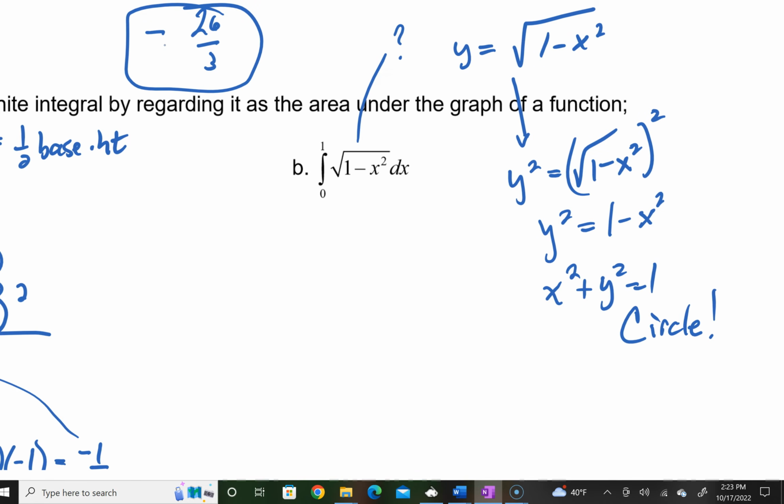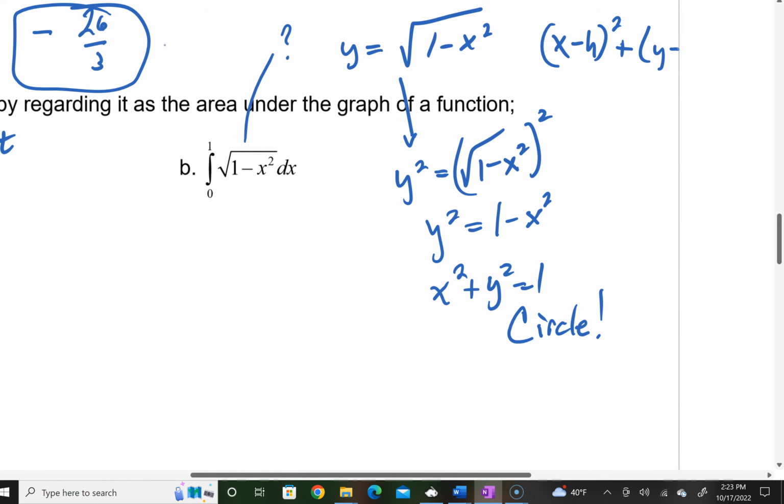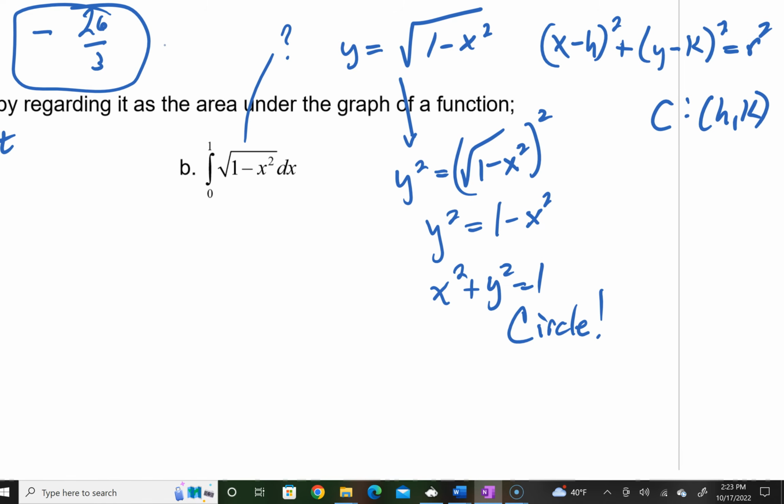Wow. You might remember we always had x minus h quantity squared plus y minus k quantity squared equals r squared. And you know, the center would be at h comma k. Your radius would just be not r squared, but just the r. And kids would go, oh, cool, this is a full circle.